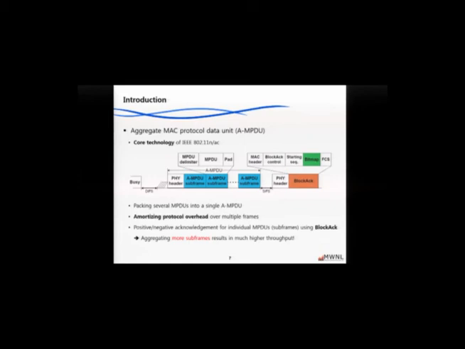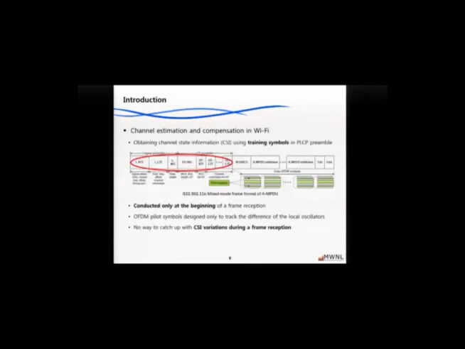Okay? So again, the A-MPDU was introduced in order to reduce the MAC overhead so that the overall throughput can be enhanced significantly. What happens is, for example, in the old days with 11a, when a 54 megabits per second transmission rate is used, the throughput at the MAC layer could be only around 30 megabits per second.